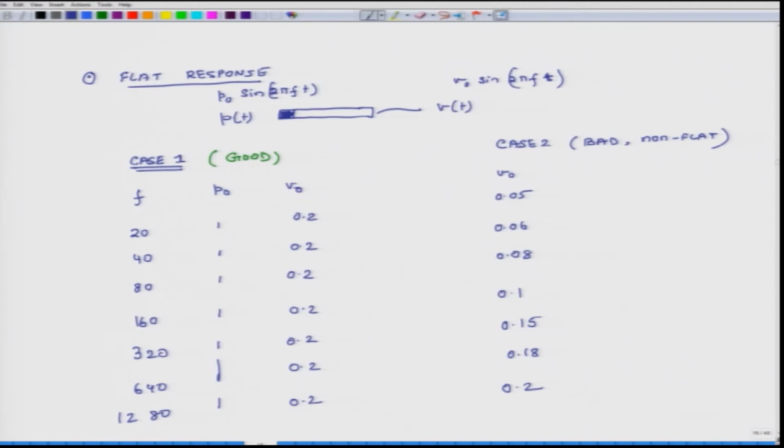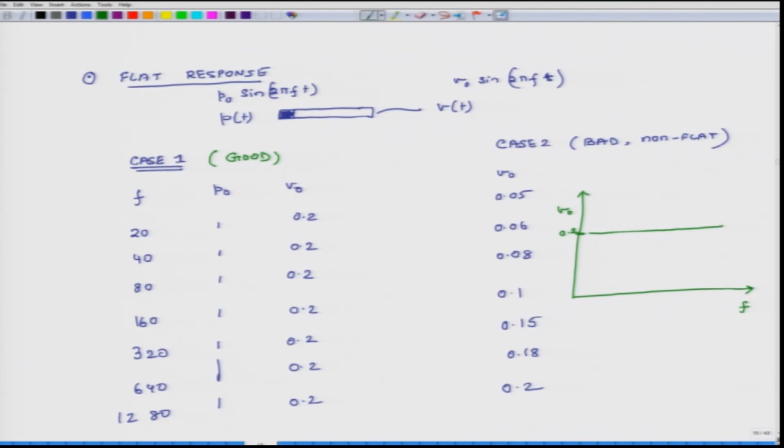Why is it not flat? If I plot frequency on the x axis and V naught on the y axis, then for a good microphone, this is 0.2, and the response is a straight, flat line.